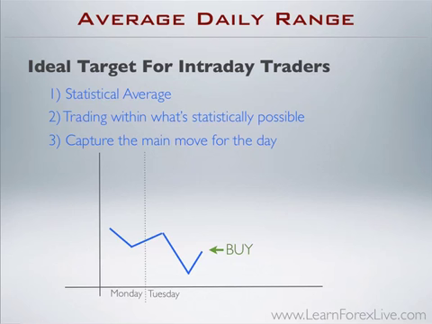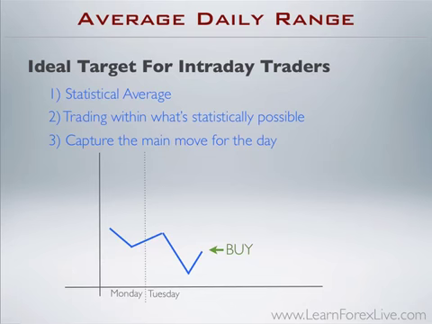Now, let's imagine you've calculated the average daily range for the euro against the American dollar and you get an average of 120 pips per day. That means that the distance between the low and the high for the day on this particular currency pair is 120 pips on average. All right?